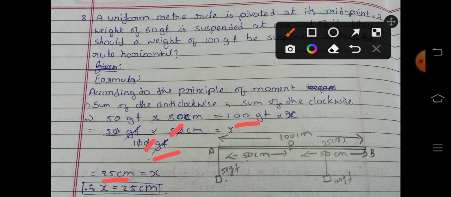In rotational motion, we have learned that if the distance is maximum, there will be more rotation. So in this ruler, as the distance increases, lesser weight is required, and if the distance is smaller, the weight will be more.